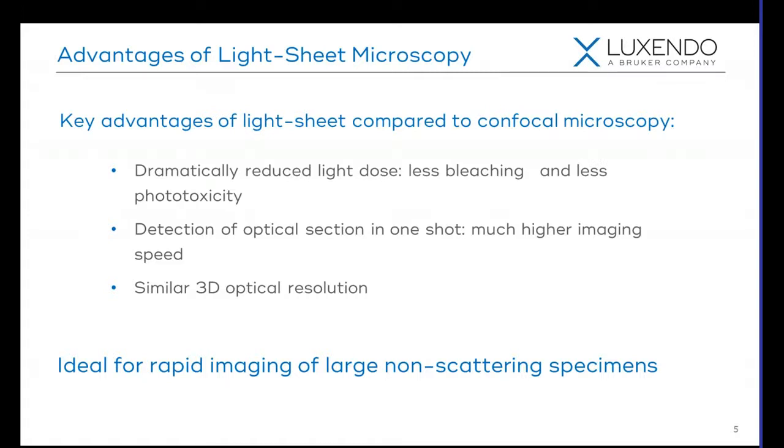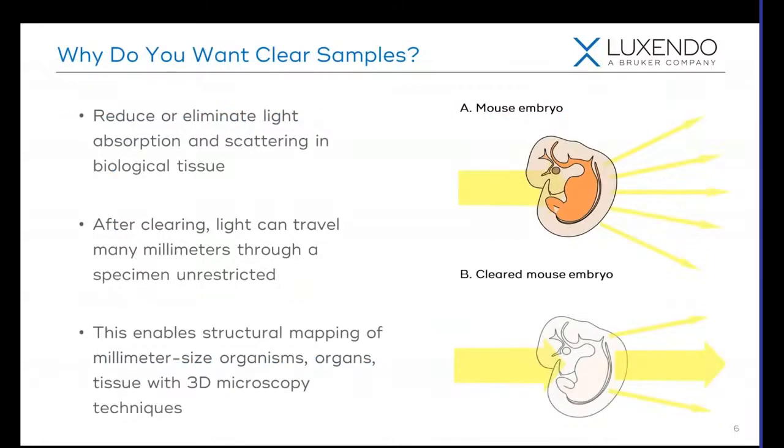But the key phrase in this is non-scattering. However, most biological tissue is scattering. And what that means for your imaging, if we consider the cartoon mouse embryo in the upper right corner, is if we're trying to image this with a microscope, we see that light has a very difficult time penetrating into the tissue.